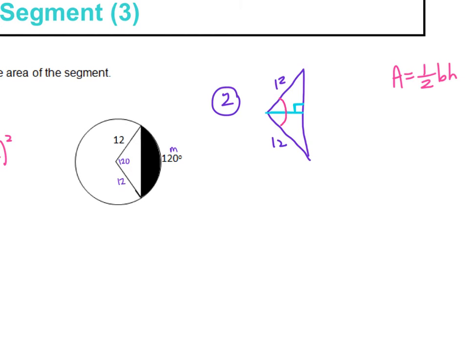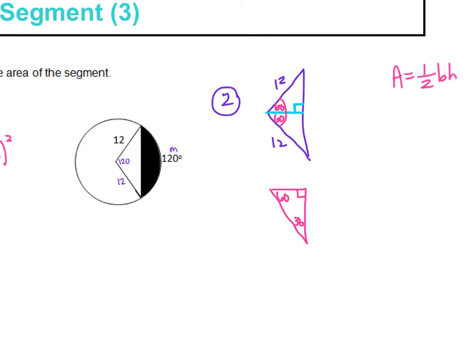We just cut that in half, giving us 60 degrees inside each of those smaller triangles. So now I'm going to just look at one of the small triangles. We know that this is 60, this is 90, which means that must be 30. So we're looking at a 30, 60, 90 triangle.